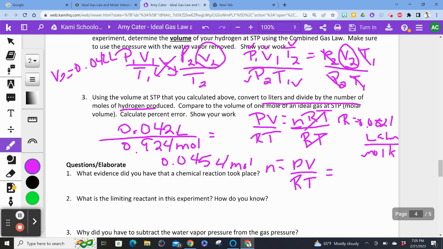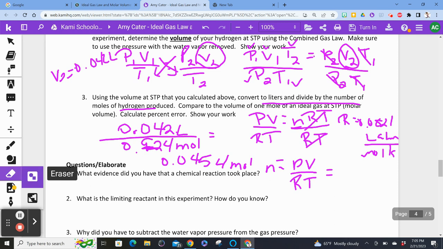And then we can turn that into milliliters per mole if we multiply by 1,000. And then we'd calculate our percent error. We compare that to what it should be. So this number is not right. Like I said, I made up that number. That's a bad number to use.